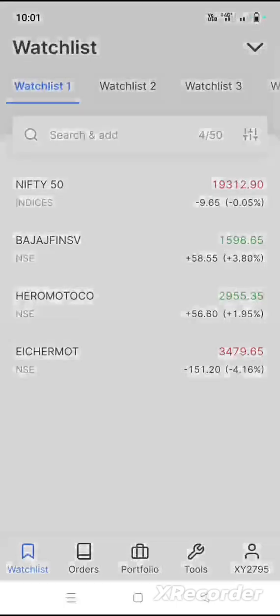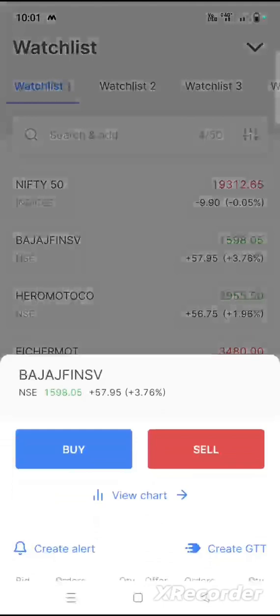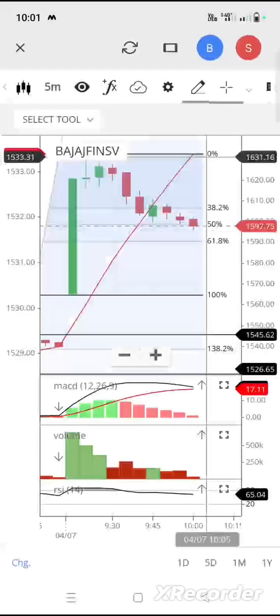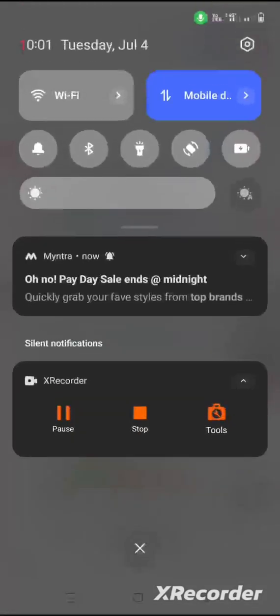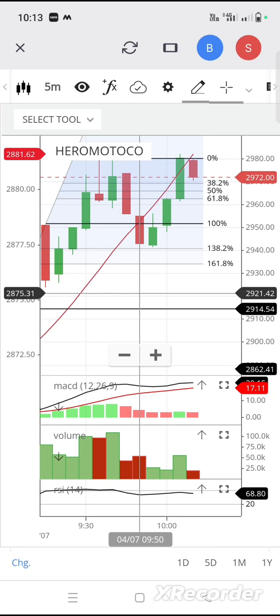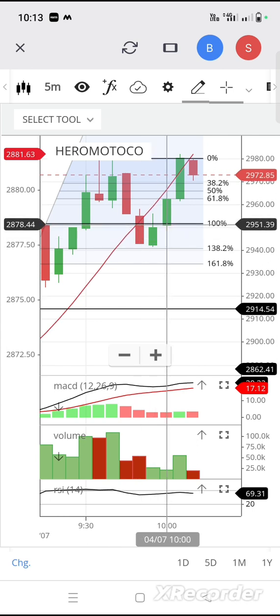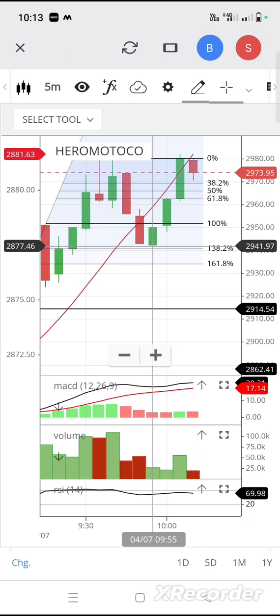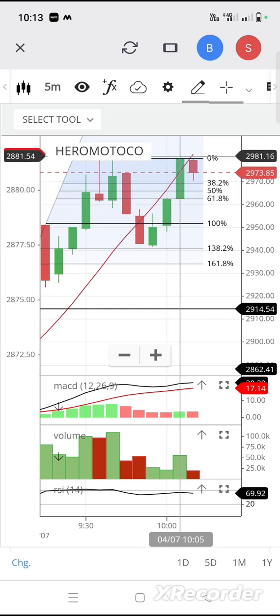So Bajaj Finance is coming towards our levels, so I'll wait for Bajaj Finance to break this level, then I'll update you. If you see Hero Motorcorp, again it broke today's open, went till 2940, again it pulled back to 2980.